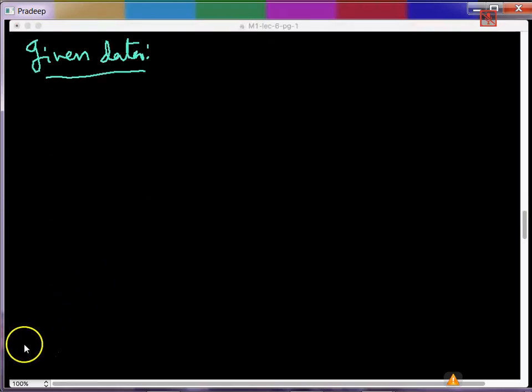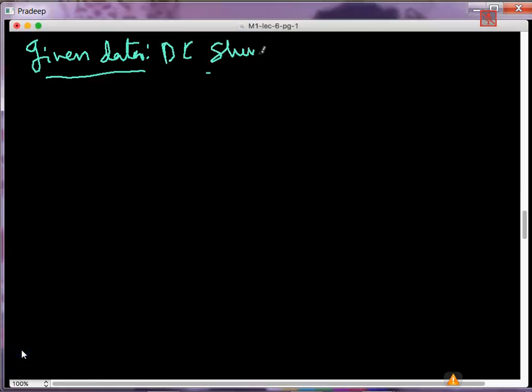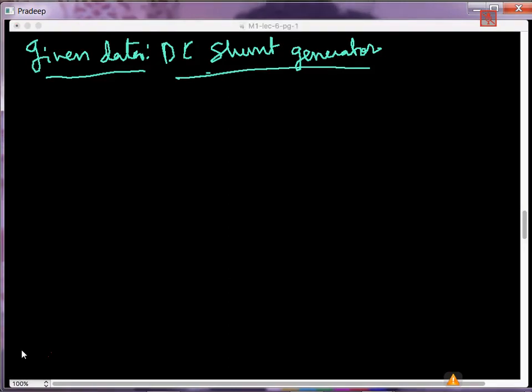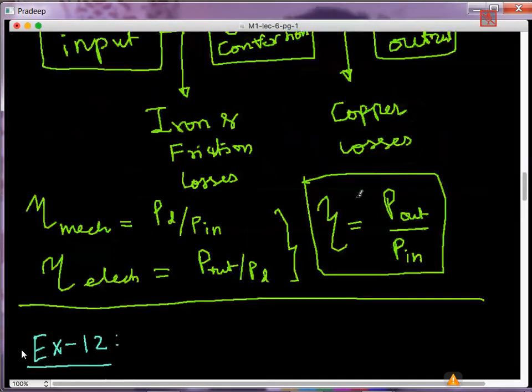Shunt generator. Just a minute. Let me open the data of the machine.